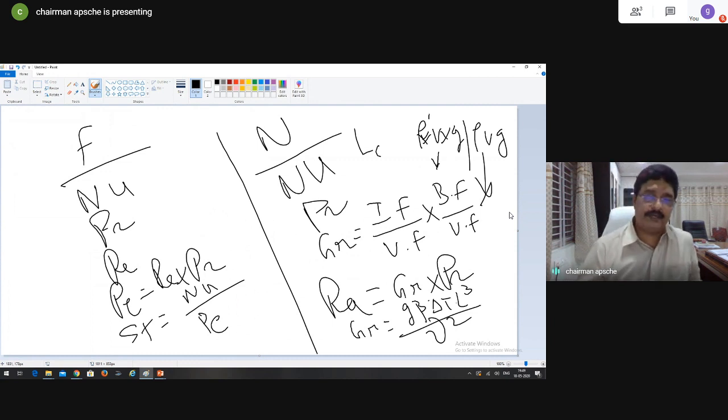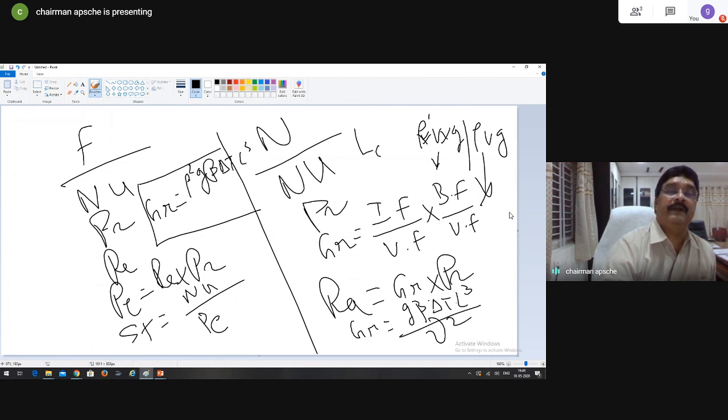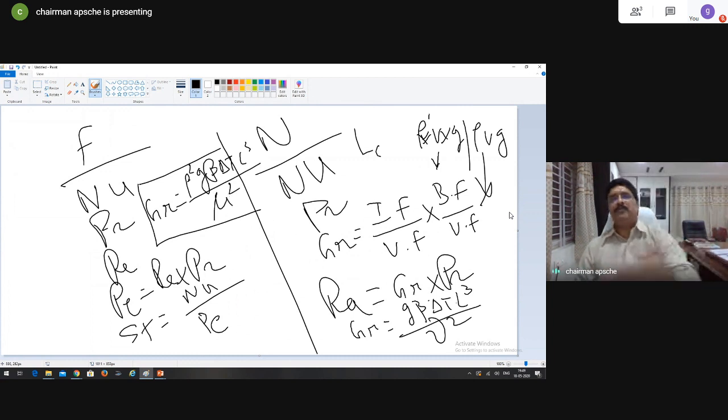Or if you want it in mu, Gr is equal to rho squared g beta delta T L cubed divided by mu squared. So mu by rho is nu. Nu is kinematic viscosity, mu is absolute viscosity.